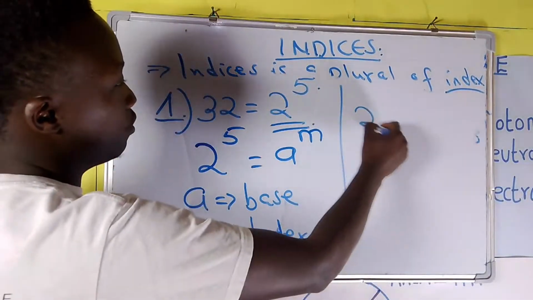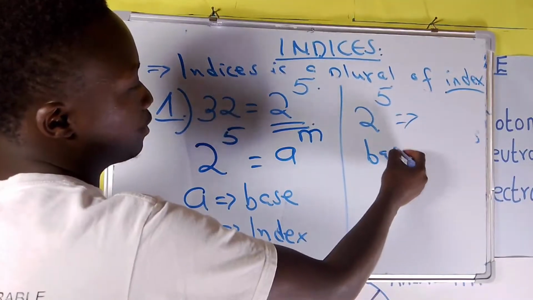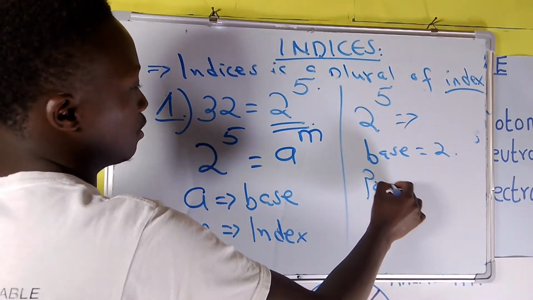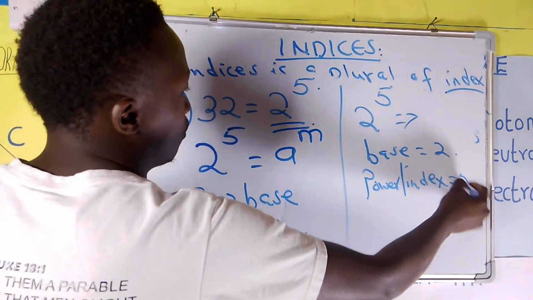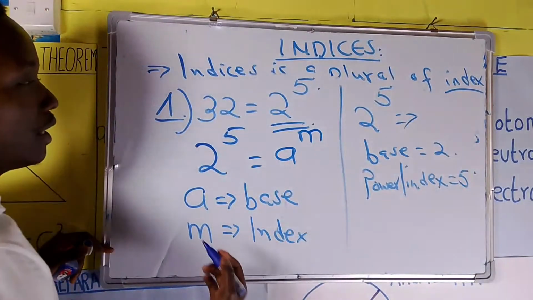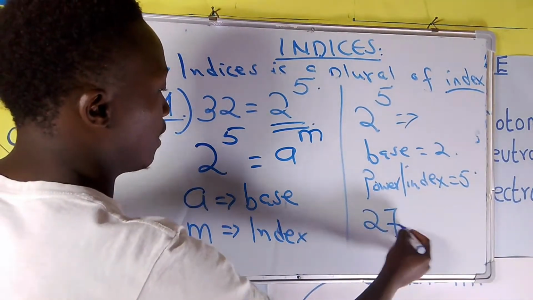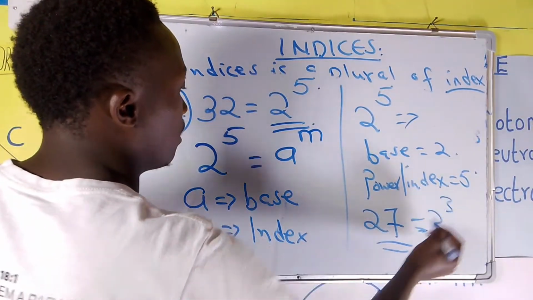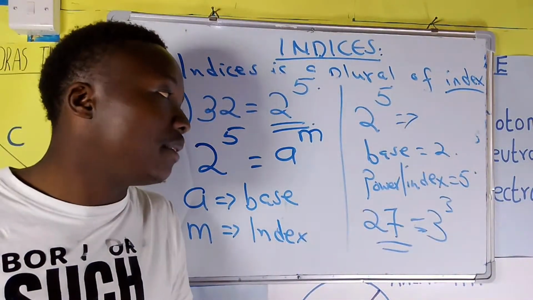So when we have 2 to power 5, it means our base is 2 and our power, or our index, is equal to 5. You can list for me the base and the power of 27. 27, we saw, is 3 to power 3. So what will the base be and what will the power be?